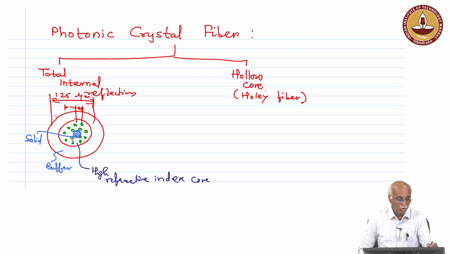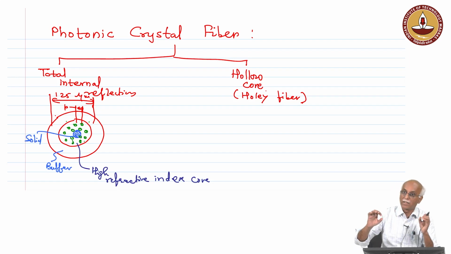This is one approach wherein the light travelling through this solid core will remain confined. However, the nearby region has a slightly different refractive index, such that it allows the light to remain in this core and transmit.